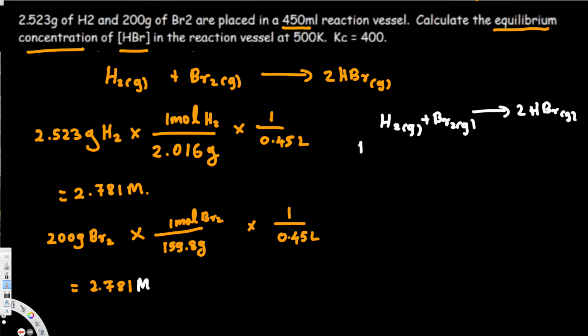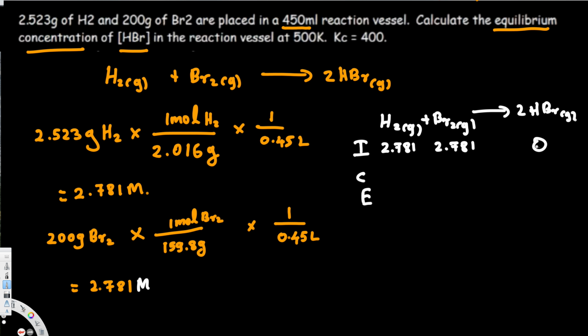So we are going to have the ICE table: I is initial concentration, C is change, and E is equilibrium concentration. Initial we calculated, that is 2.781, and this also 2.781, and this is not provided right here, this is 0.